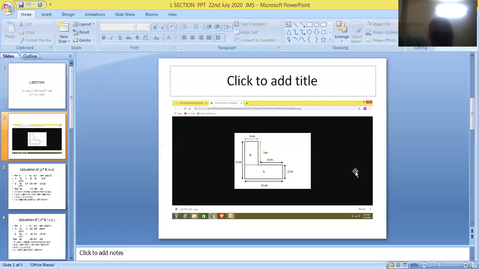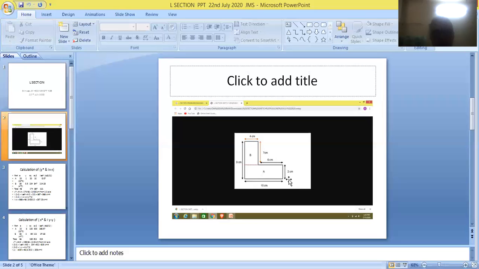So BD values are very, very essential for solving problems. We have to split up the section into different components, and you have to select BD values for each and every component. So this is the B value of the first component.